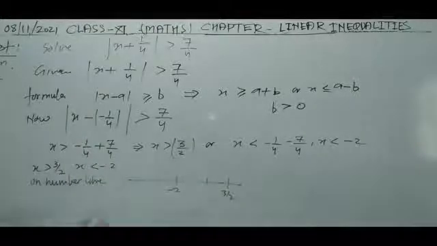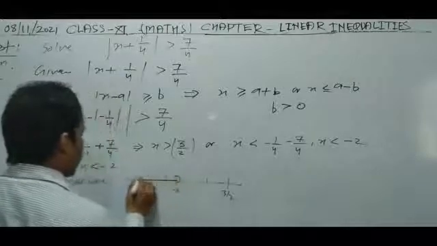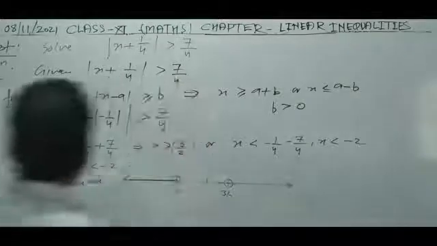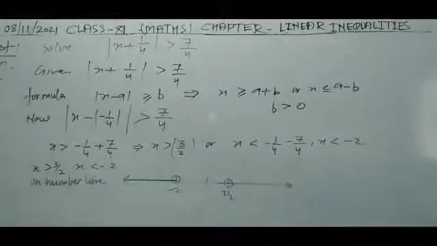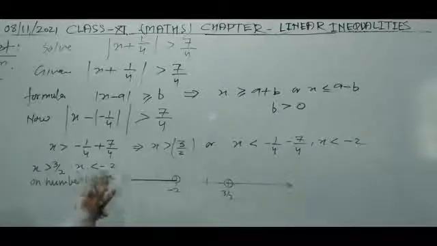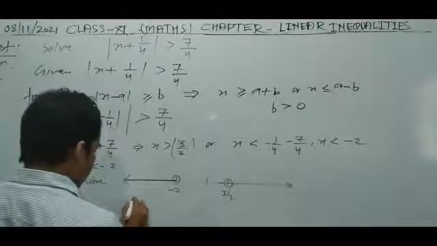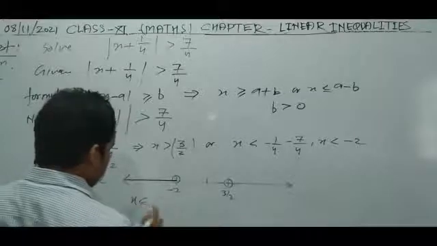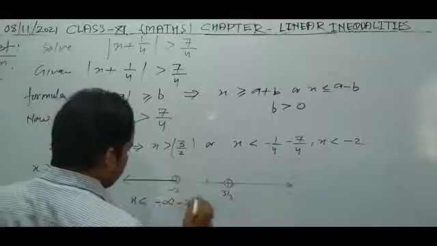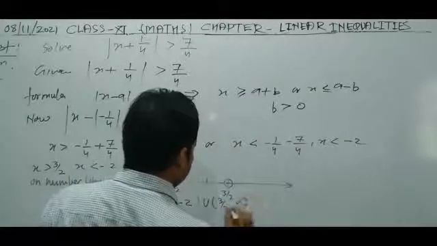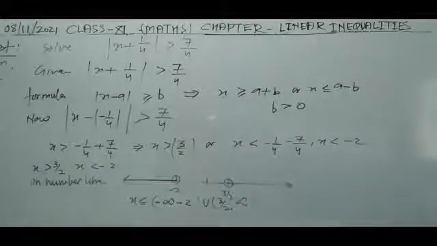Less than minus 2 is a point here, and greater than 3 by 2, this is the point. So the solution set, what can we write? Minus infinity to minus 2. The solution set is x belongs to minus infinity to minus 2 union 3 by 2 to infinity. See.